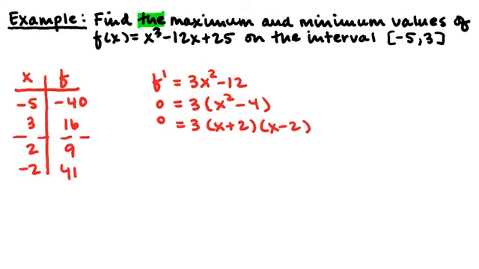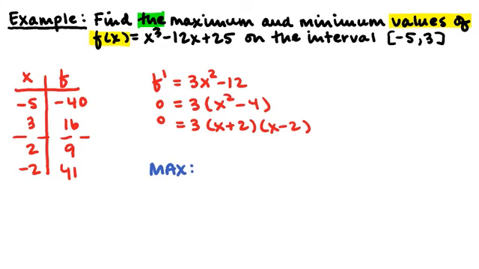Okay. So if we're talking about the maximum, well, you go through your list and you look for the biggest number. We're looking for the values of f of x, not the values of x, right? So we're going to say, what is the biggest value of f of x I see?